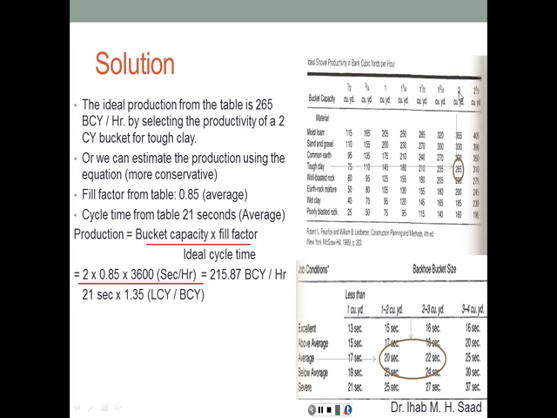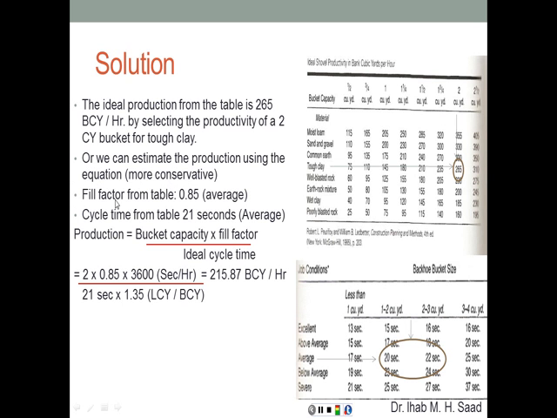From the table, we have 2 cubic yards for the size of the bucket. It's a tough clay, so using these is going to give us about 265 bank cubic yards per hour as our production rate. Or we can estimate the production using the equation, which is going to be more conservative.